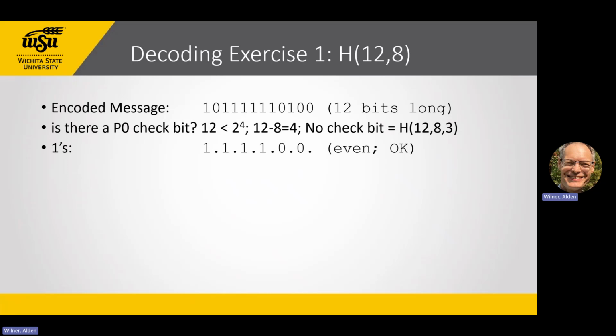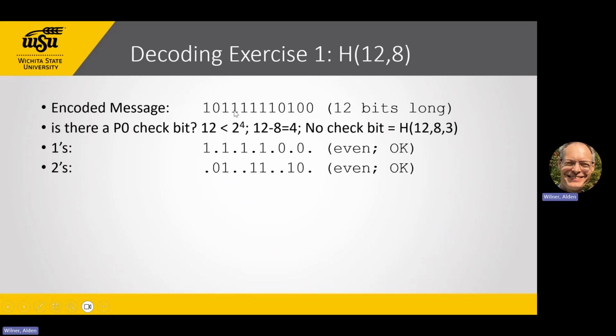No. 4 represents 1, 0, 0. 5 represents 1, 0, 1. 6 is a 1. 7 is a 1. 8, that bit's not on. 9, that bit's not on. 10, the bit is on, right? So how many bits do we have turned on in the twos place? 0, 1, 1, 1, 1, 0. Even number. Okay.